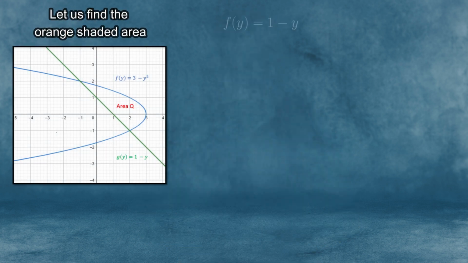Let us consider the functions x equals minus y plus 1 and x equals 3 minus y squared. And let us compute the area between those two curves.